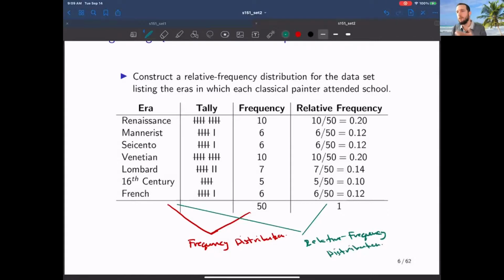And again, you can put these all in one chart, like I have it written here. The tally, you don't have to give it. If you want to, it's fine. The relative frequency, you require the frequency. So you have to have the frequencies in order to compute the relative frequencies. But otherwise, it's simply just a computation that takes the frequency and divides by the total size of the data set. Yeah, column 1 and 4 is the relative frequency.